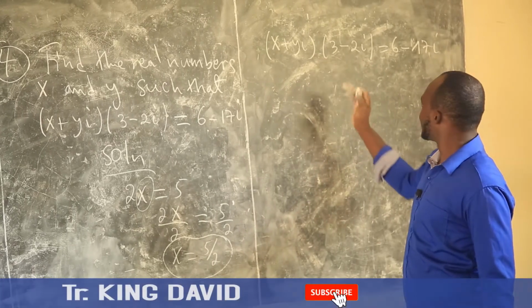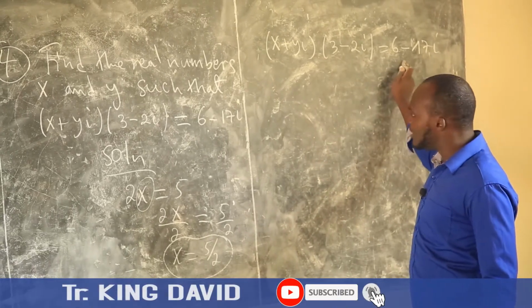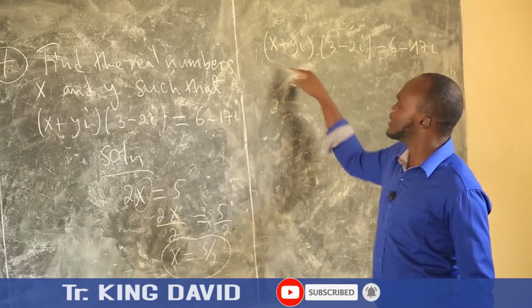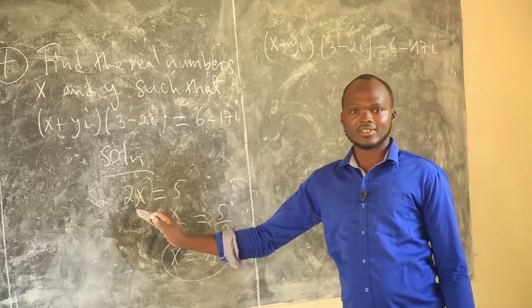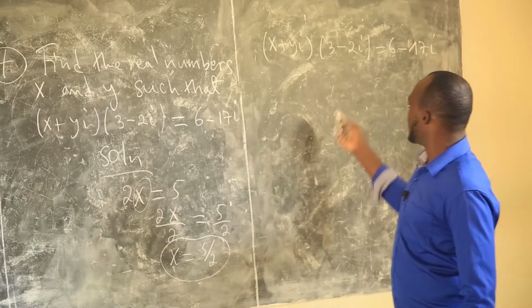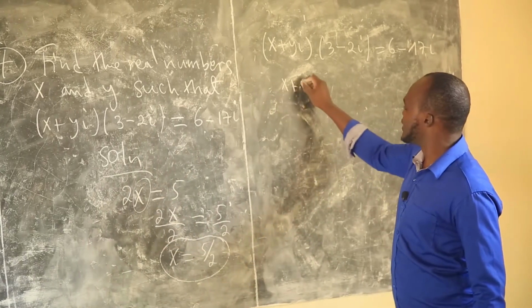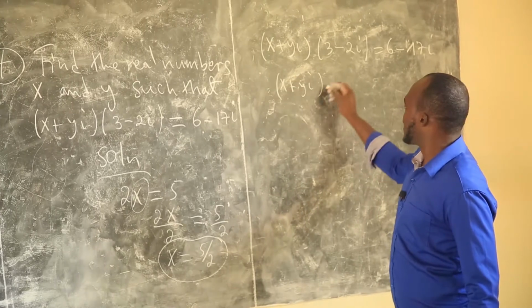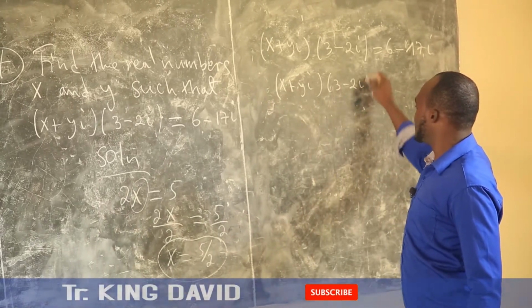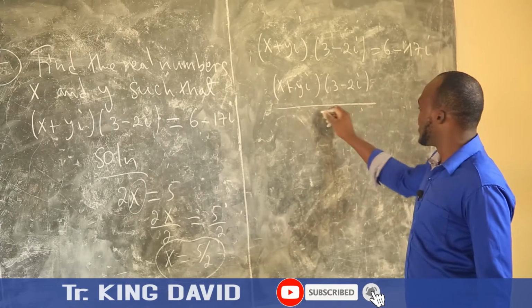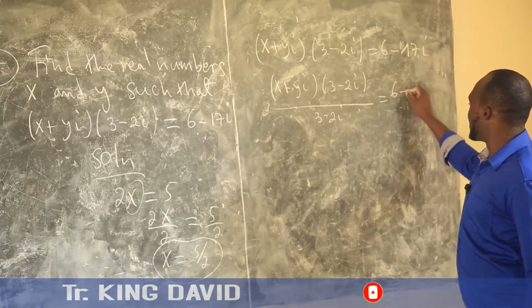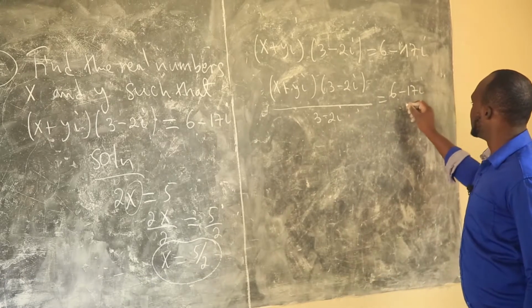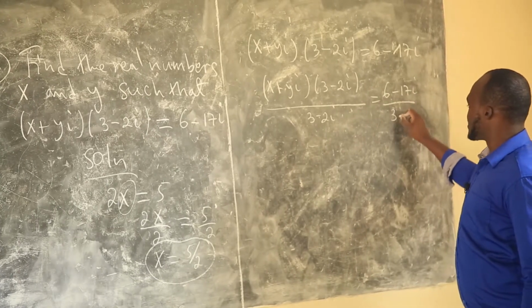So it is a product equal to another complex number. So I want to remain with this. So I have to divide both sides by this one, as the way I've done it here. So which means that (x + yi) into bracket (3 - 2i), we divide both sides by (3 - 2i), equal to (6 - 17i) divided by (3 - 2i).